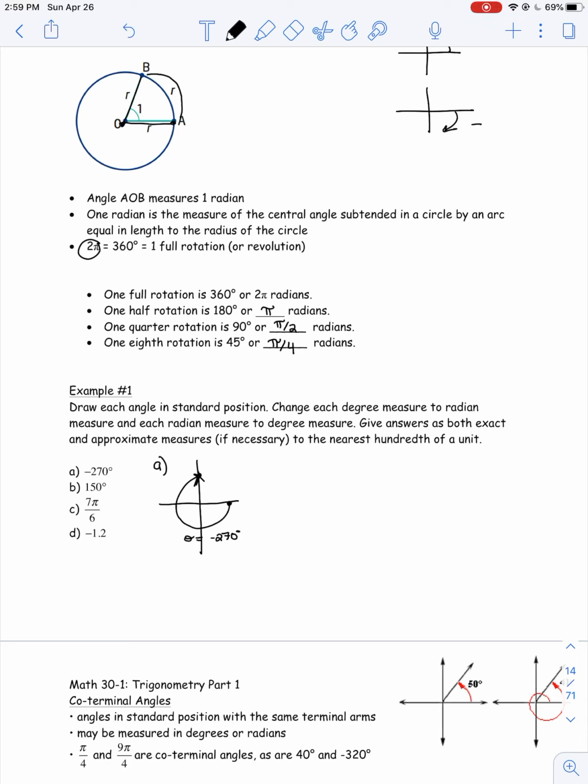Now we need to convert this. How we convert degrees to radians is we multiply by pi over 180. If you want the approximation of that answer, you're just going to put that directly in your calculator. So negative 270, we're going to multiply by pi over 180, and you should get negative 4.71.